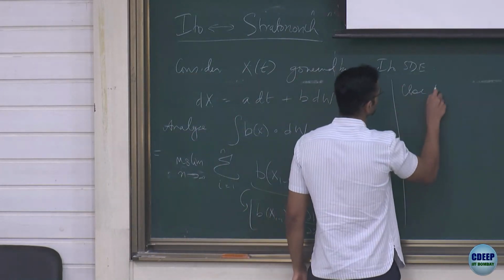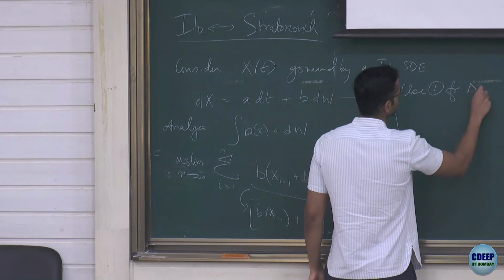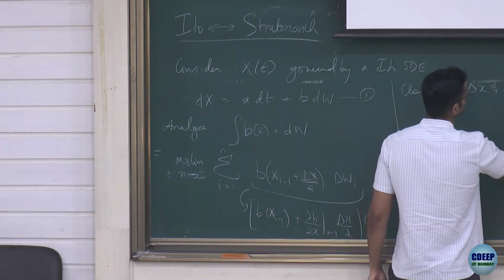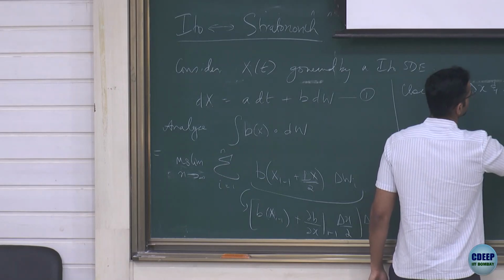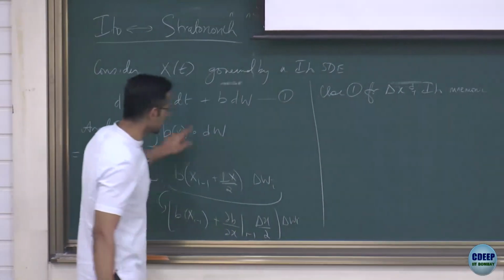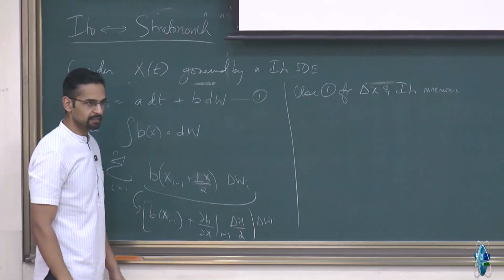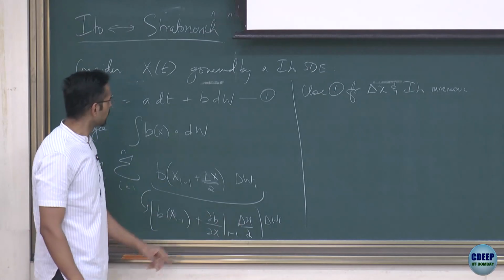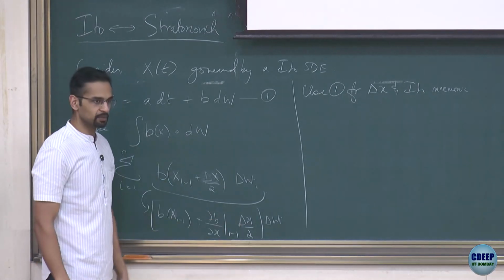So I'm going to use it for delta x and the Ito mnemonic. So what's going to happen is I'll get an a delta t sitting here instead of delta x, and I'll get a b delta w.